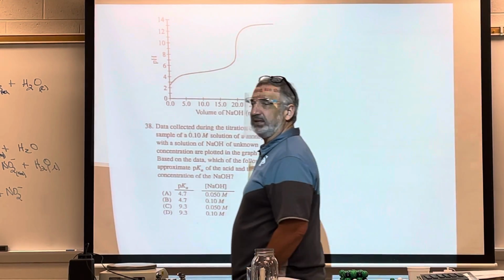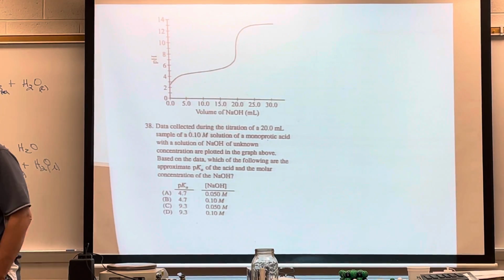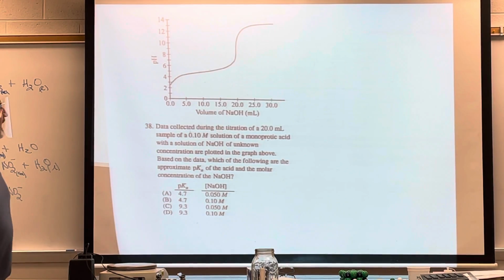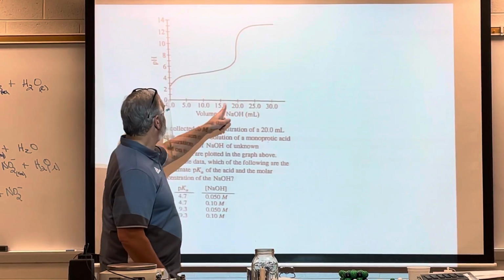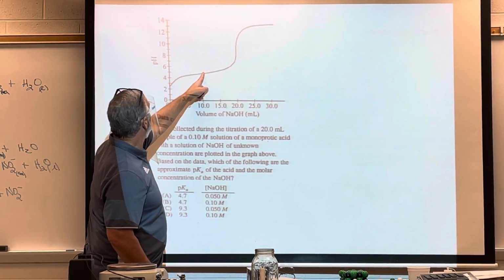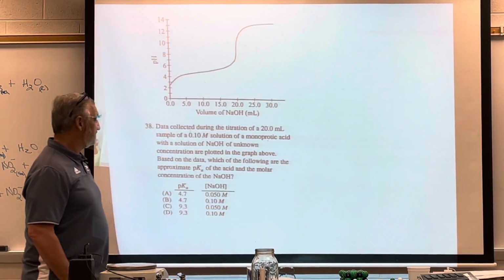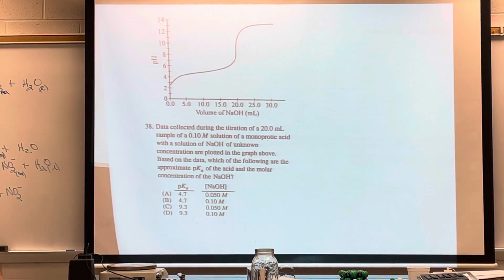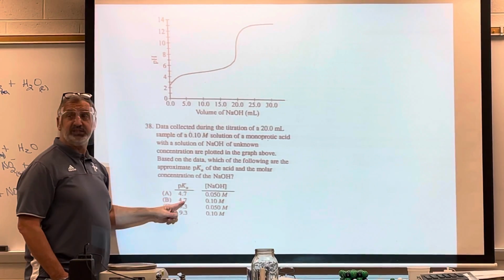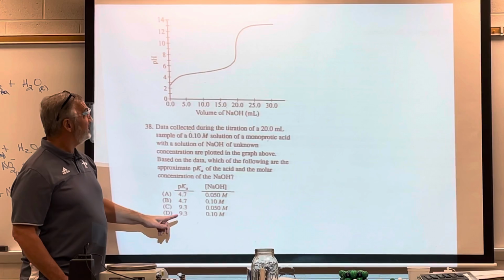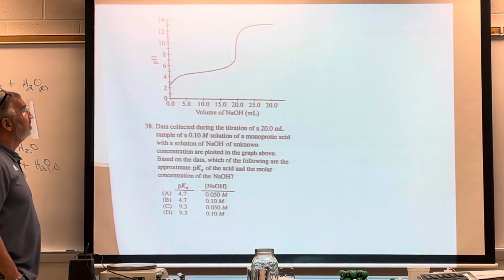Now, how do I get pKa? Half equivalence point. So we know the equivalence point's right around 20, right? So the half equivalence point's here. So we hang a left. So what's the pKa going to be approximately? 4.7. You got a 50-50. So 4.7 is obviously that. So now we look at the concentration.